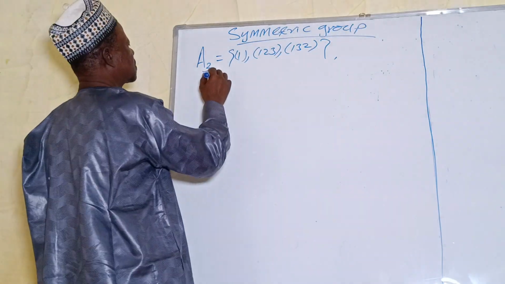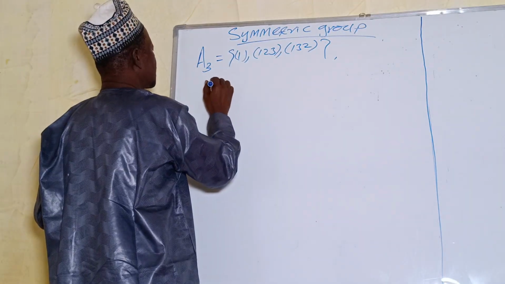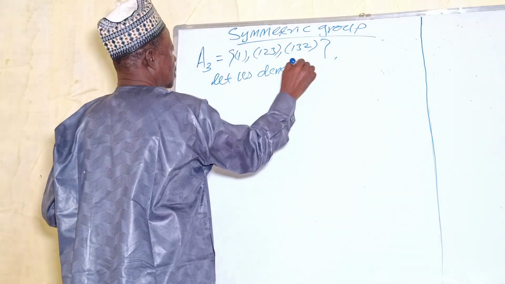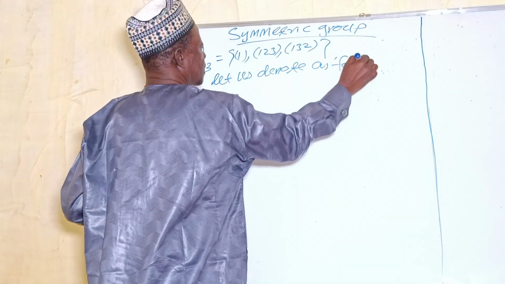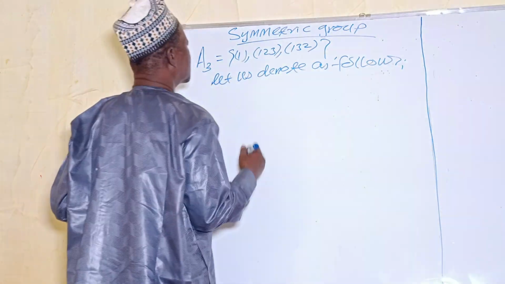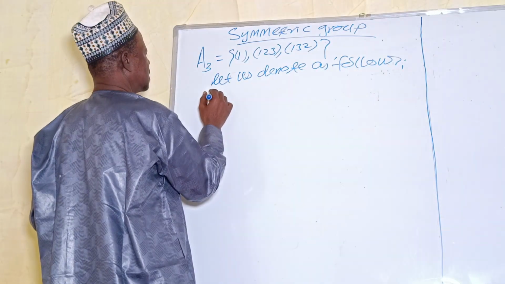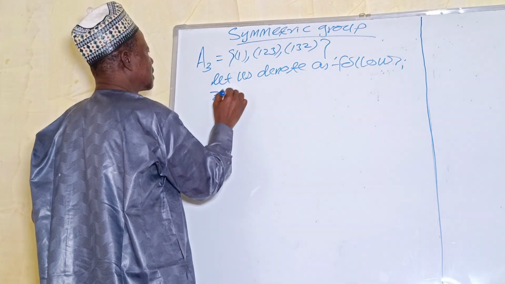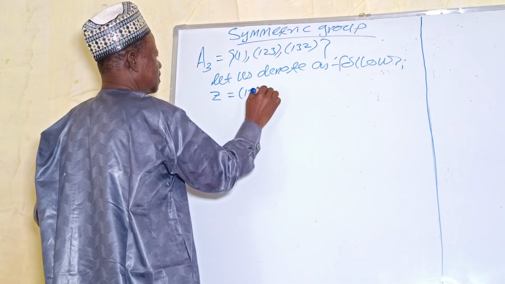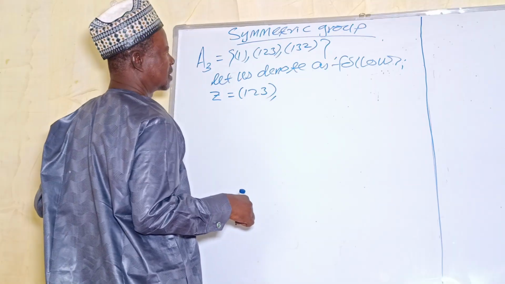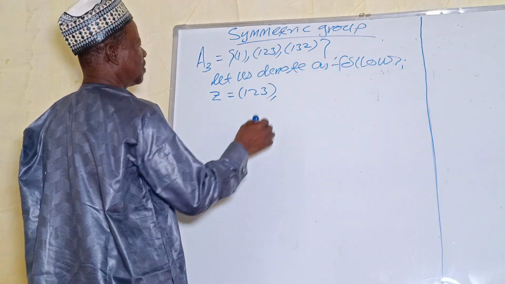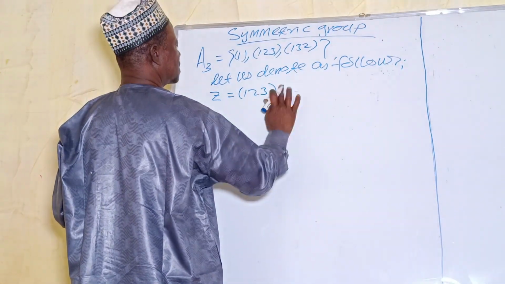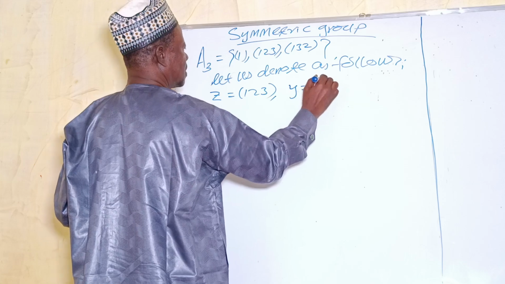Now, let us denote as follows, okay? Supposing our Z is (1 2 3), and supposing our Y, let me call it W or Y, is (1 3 2).